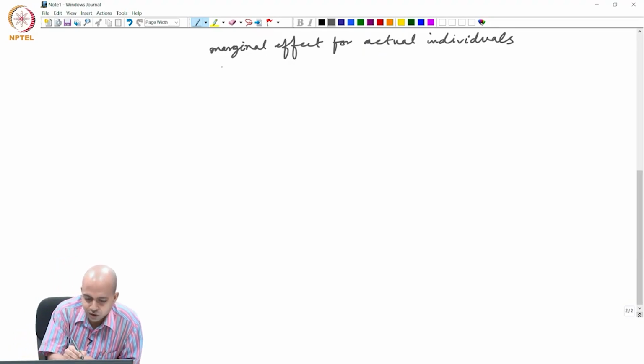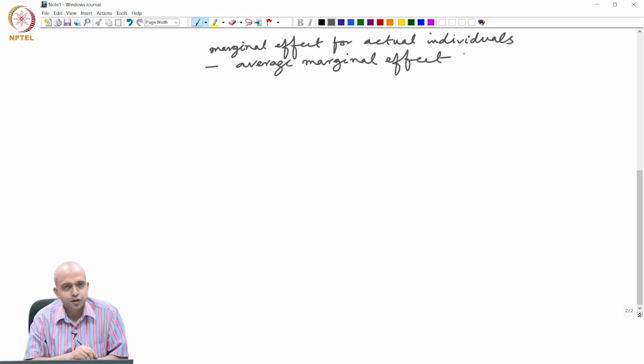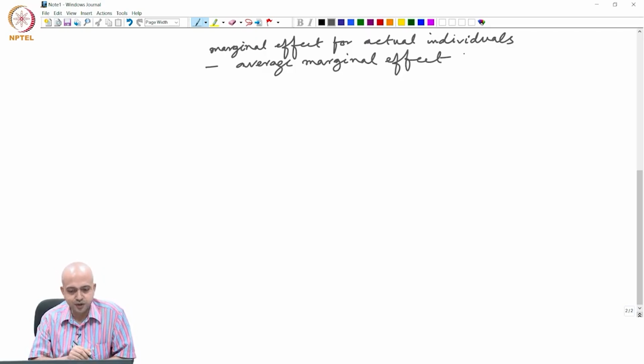So, there are two marginal effects: the marginal effect for the average individual, and this, which is called the average marginal effect.